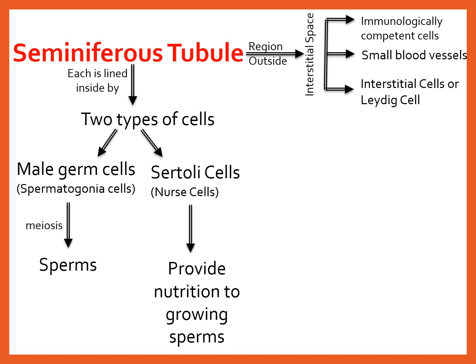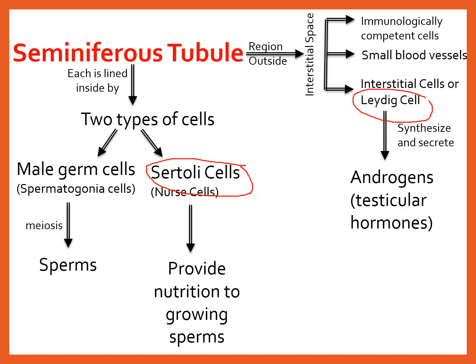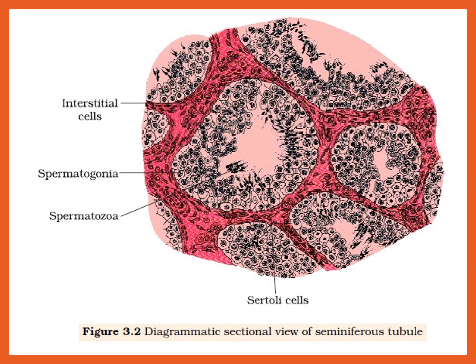So, you should remember that in interstitial space, you have the Leydig cell, whereas within the seminiferous tubule, you have the Sertoli cell. These Leydig cells synthesize and secrete androgen. So I told you before, the main testicular hormone is testosterone.